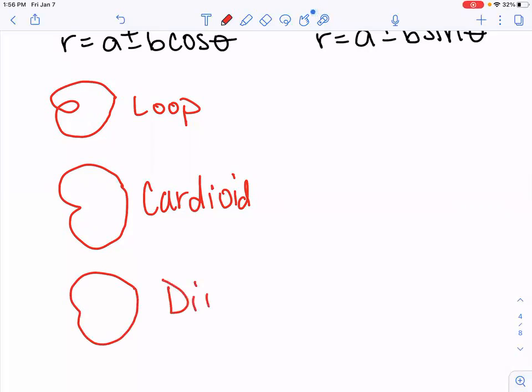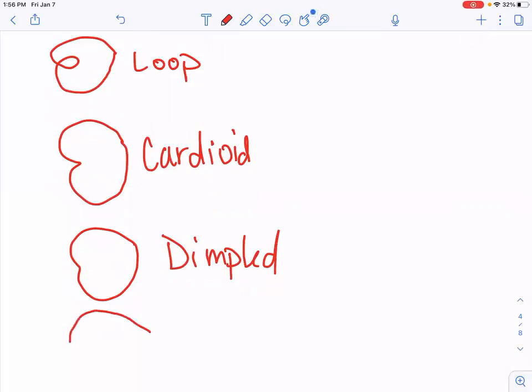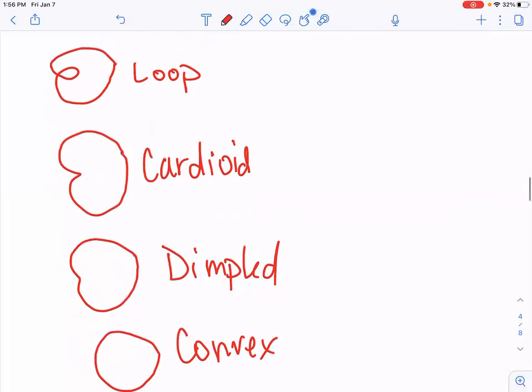We have a dimpled one and a convex one. It's like it doesn't indent at all.